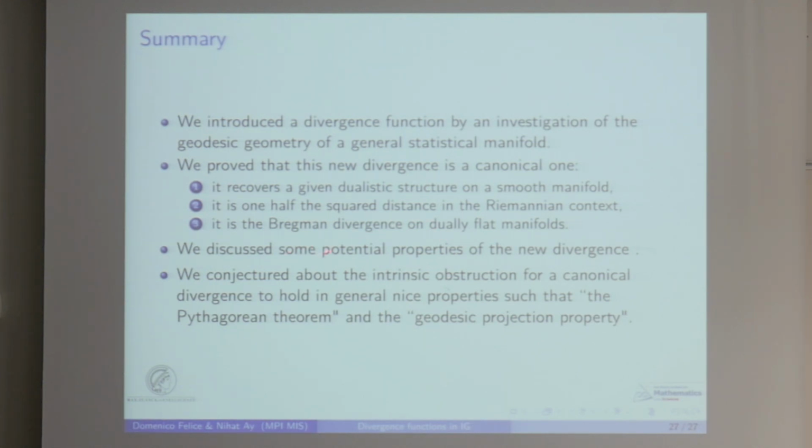Then we discussed some potential properties of the new divergence, and we conjectured about an intrinsic obstruction for a canonical divergence to hold in general those nice properties of the Amari-Nagaoka divergence function. That's all. Thank you for your attention.